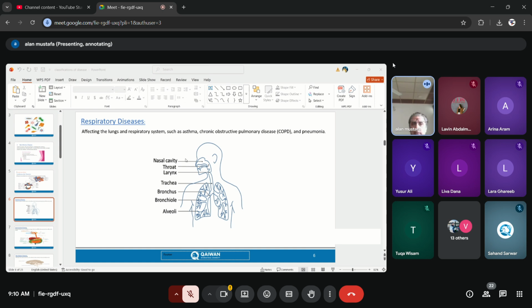Examples written here like asthma, like chronic obstructive pulmonary disease. Who knows what COPD is? Chronic obstructive pulmonary disease.